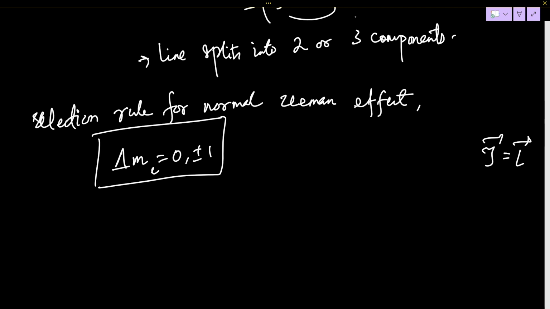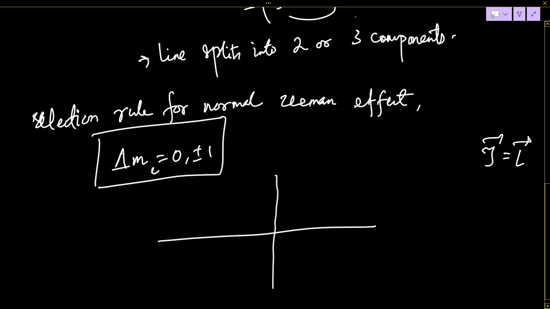Now if your delta m_l is equal to 0, that is linearly polarized.